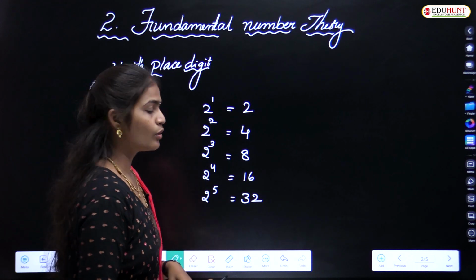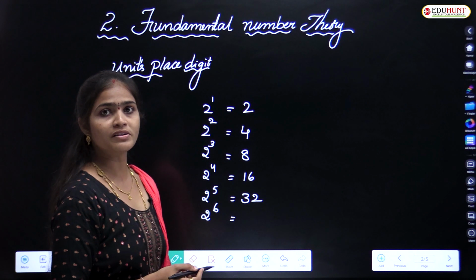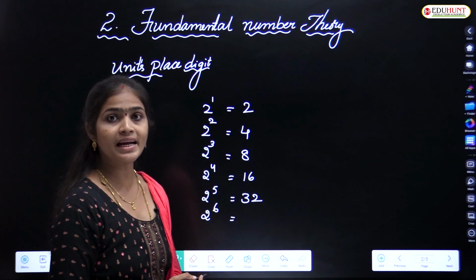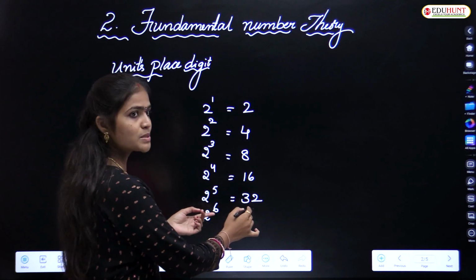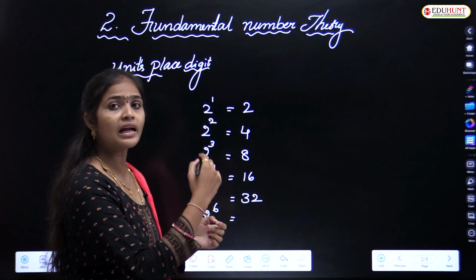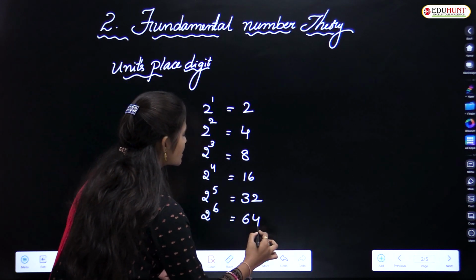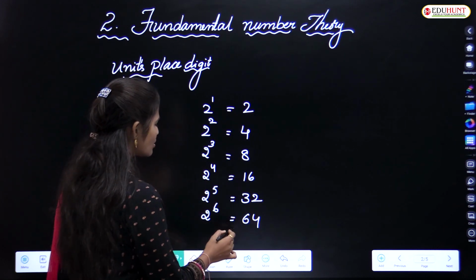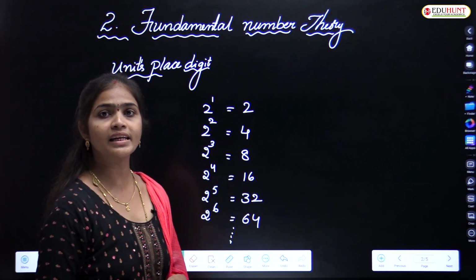Yes or no? Okay, what is the value of 2 power 6? 2 multiplied by itself 6 times. Up to 5 times the result is 32, so 32 multiplied by 2 gives 64. Yes or no? And so on, like this way we can write up to 2 power n.